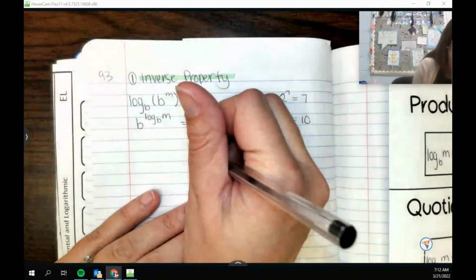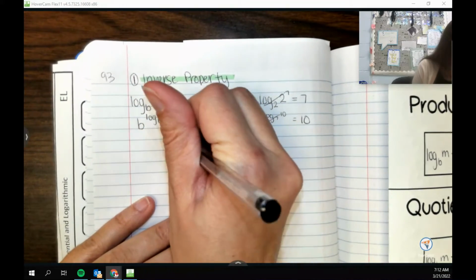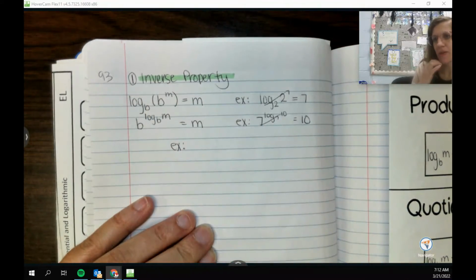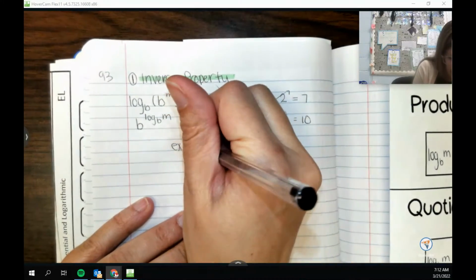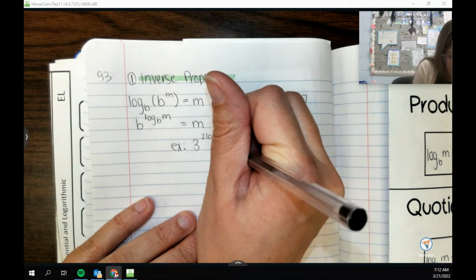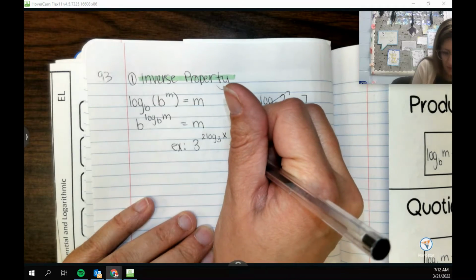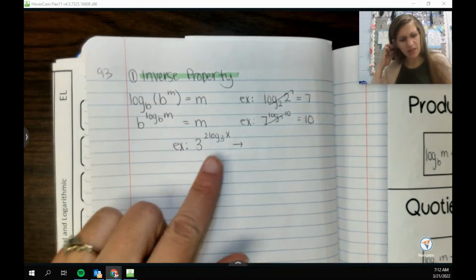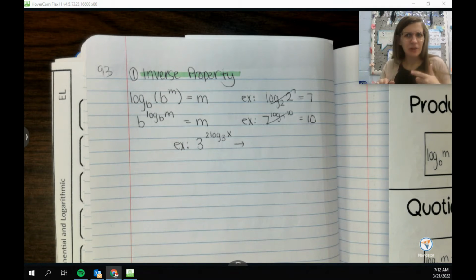But maybe a slightly trickier one could be something like this, where you have to do a little bit of clever math manipulation. If I had 3 to the 2 log base 3 of x. Well, first, because the base and the log base aren't butted up with each other, I have to rewrite this a little bit.